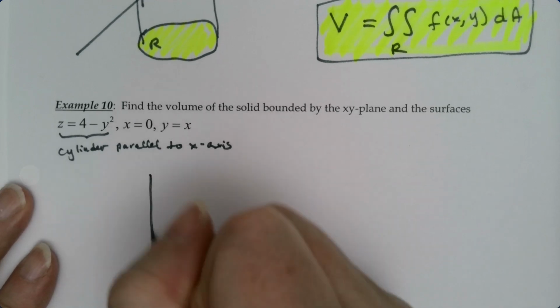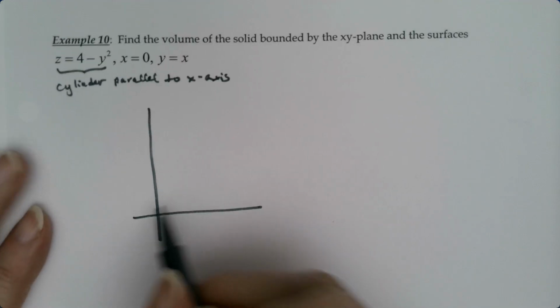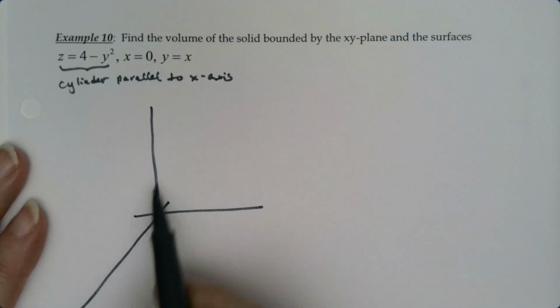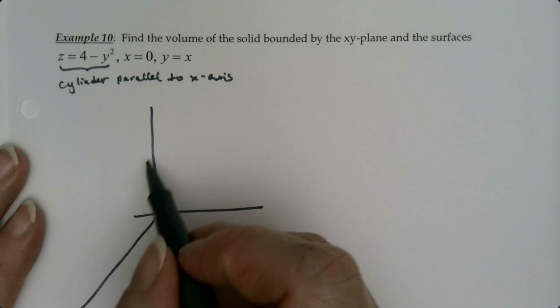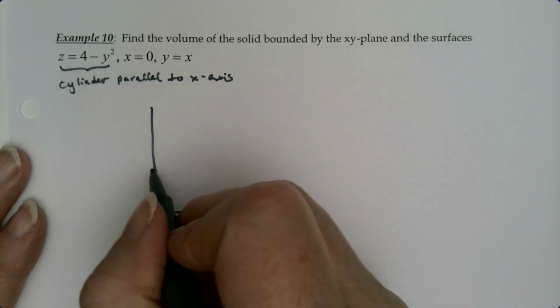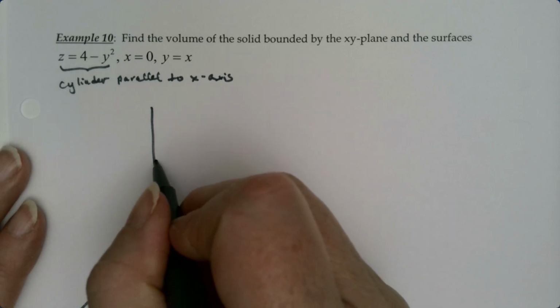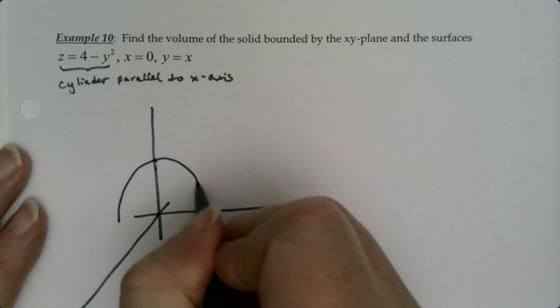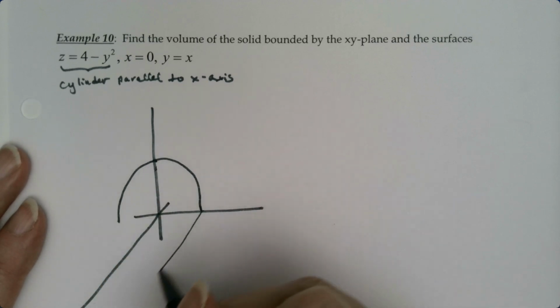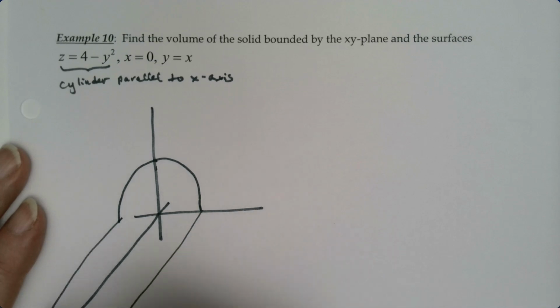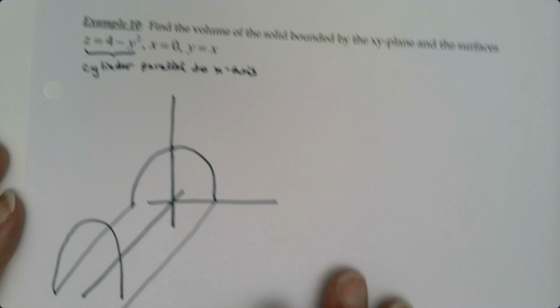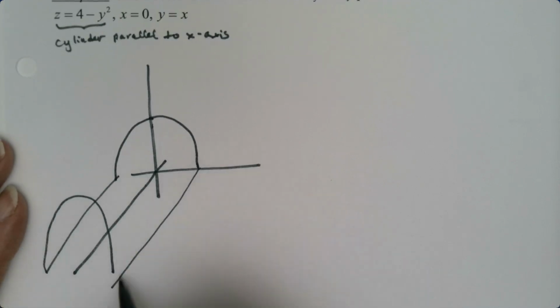So we got to draw, let's see here, x, y, z. So x is coming out this way. So it's a parabola, right? So we can draw a parabola. We know what parabolas look like. So it's a parabola right here. And then it comes out parallel to the x-axis. Sorry, that wasn't perfect.